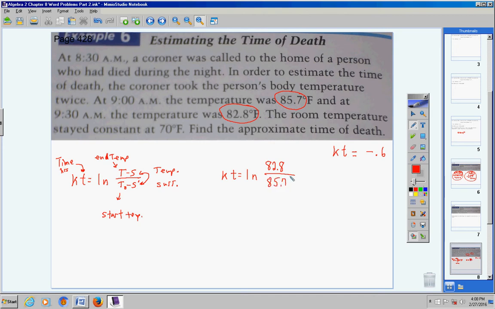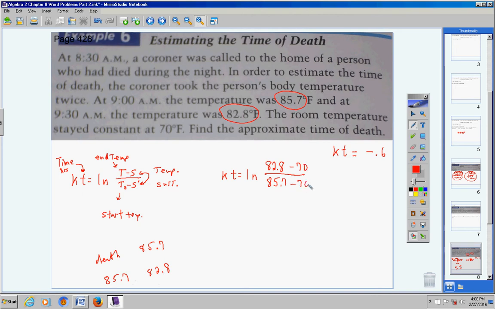Now this should make sense. Our first time frame went from the time of death to when the body was found, which was 85.7. That was our ending temperature. Now we're looking at the time frame from 85.7 until 30 minutes later, 82.8. So this is our ending temperature, our starting temperature, minus 70.